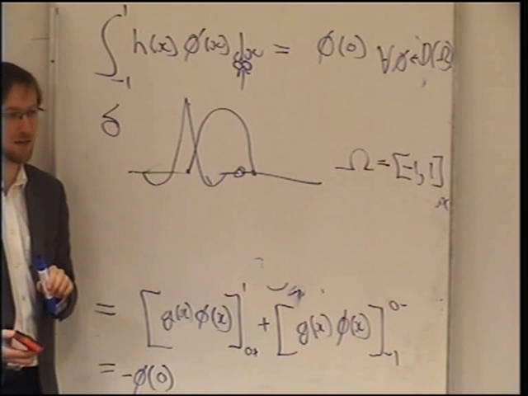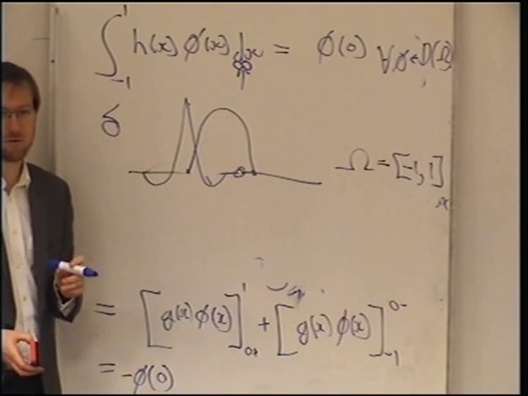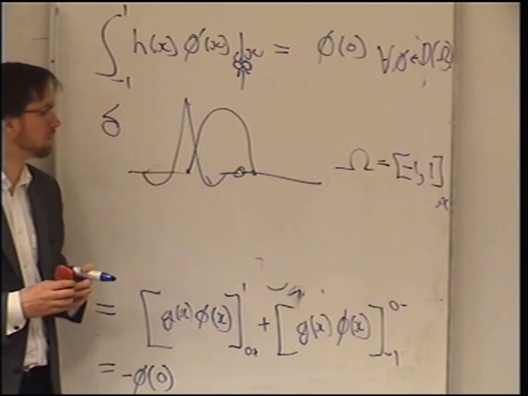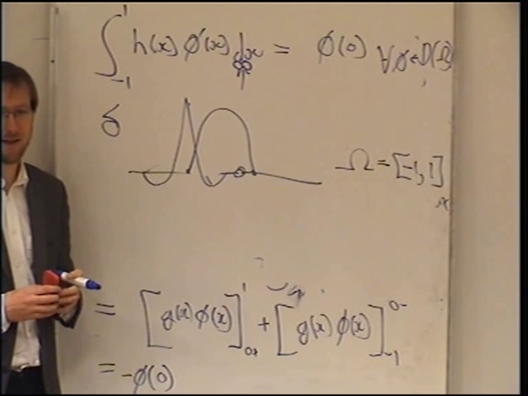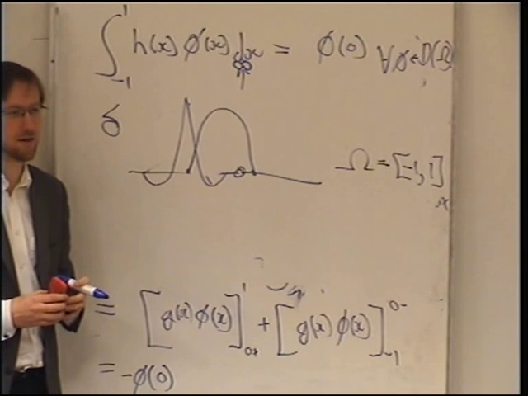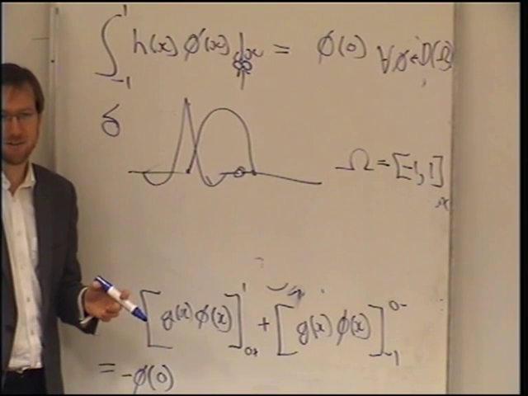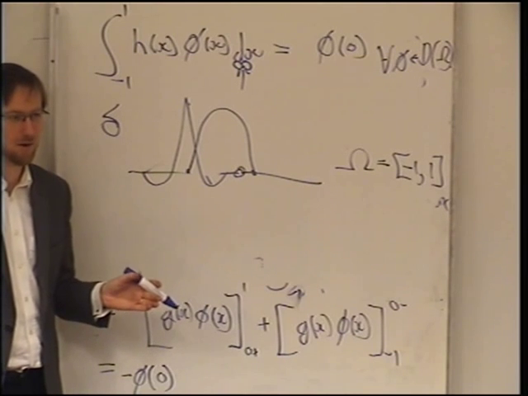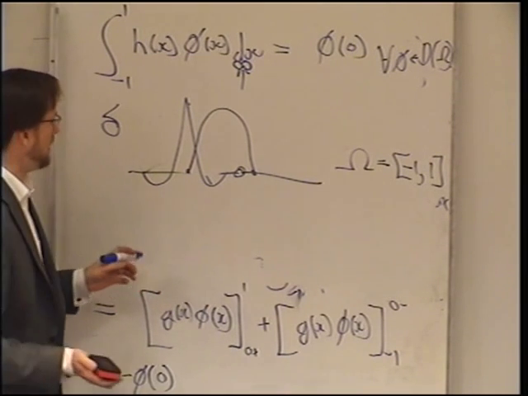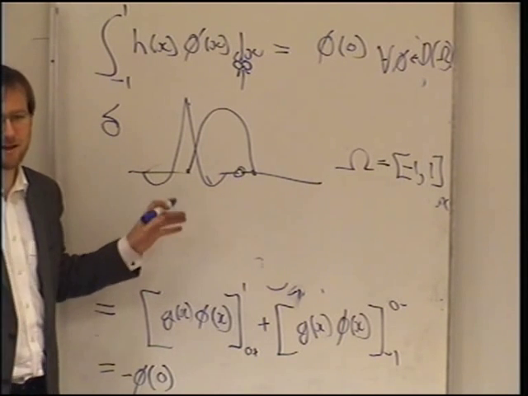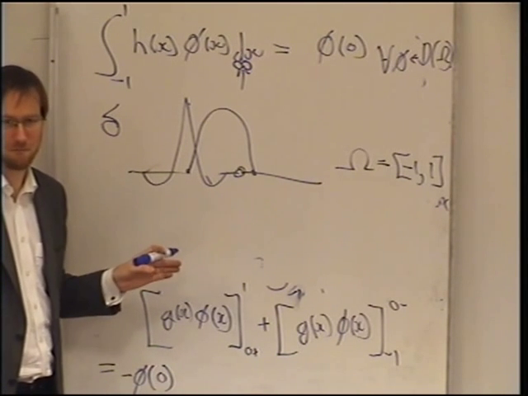So way back at the beginning, when we took our Laplace equation, the first thing we did when we multiplied by a test function is we integrated by parts. One of the reasons we were doing that was because if we want to work in the function spaces we're interested in, that second derivative doesn't make sense.